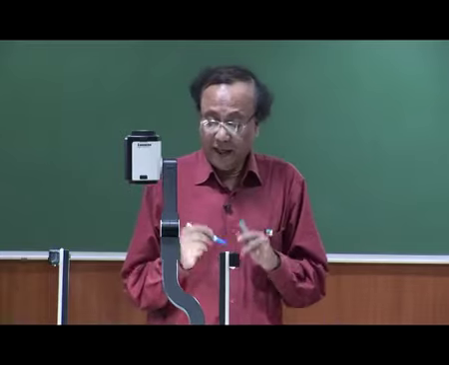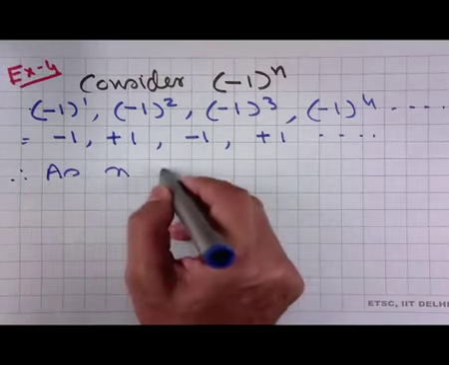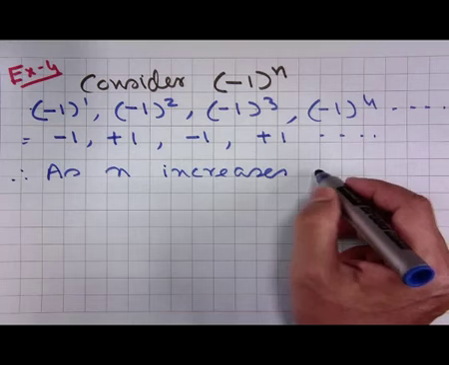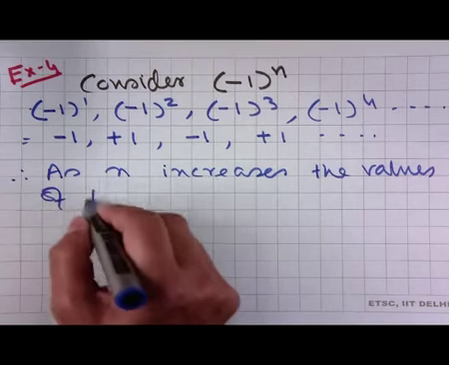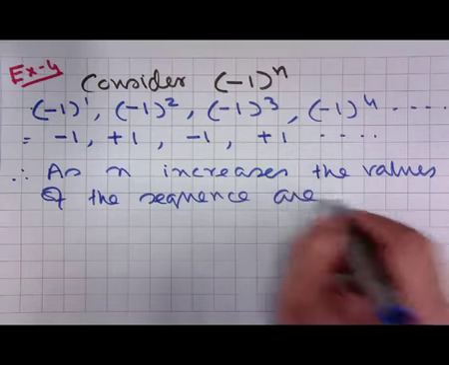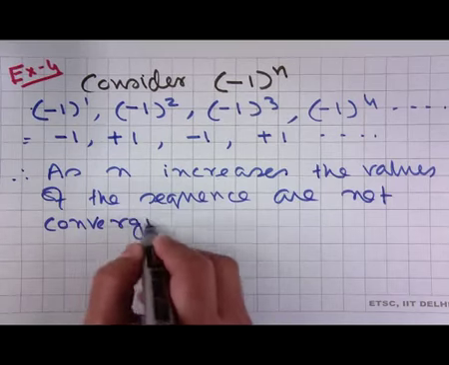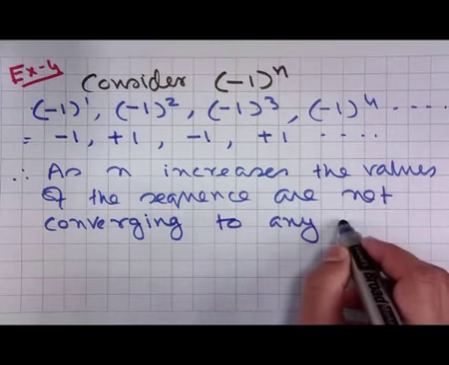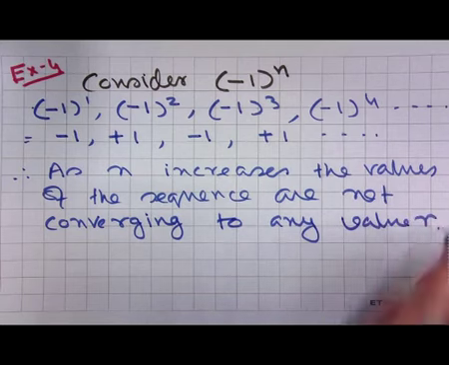So, as n increases, the values of the sequence are not converging to any value r, right.